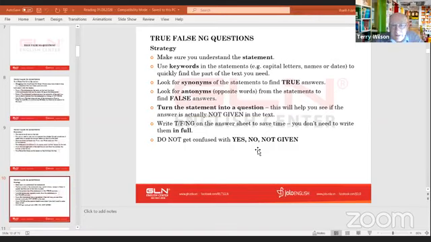I occasionally get students who, instead of writing true or false or T or F, they write yes or no. And in those cases, your answers will be automatically marked wrong because you are not answering the question as instructed.